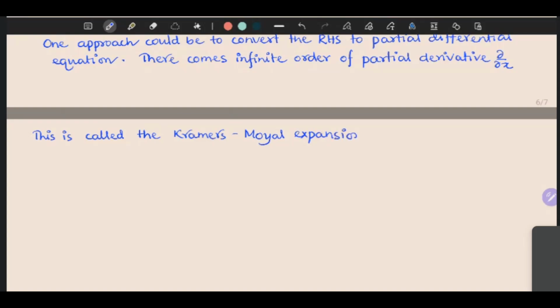This is called the Kramers-Moyal expansion of the master equation.